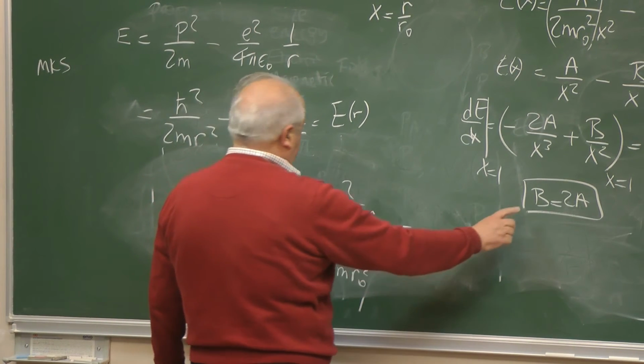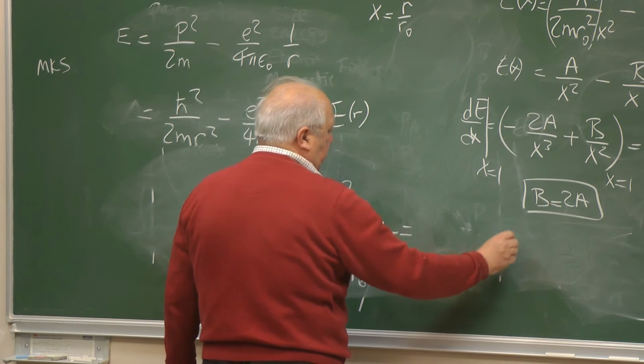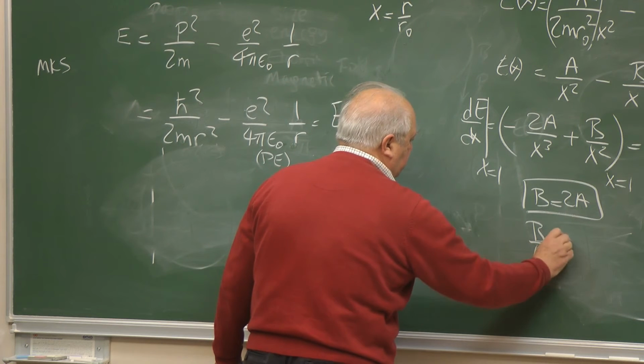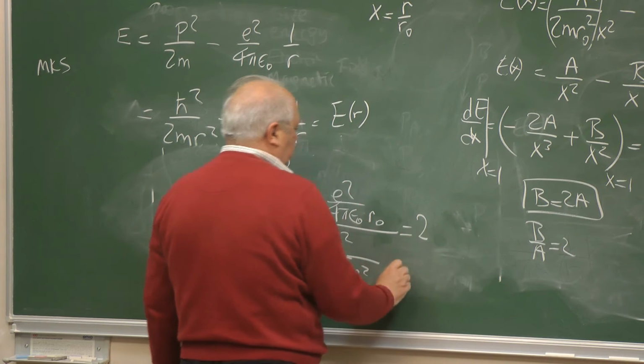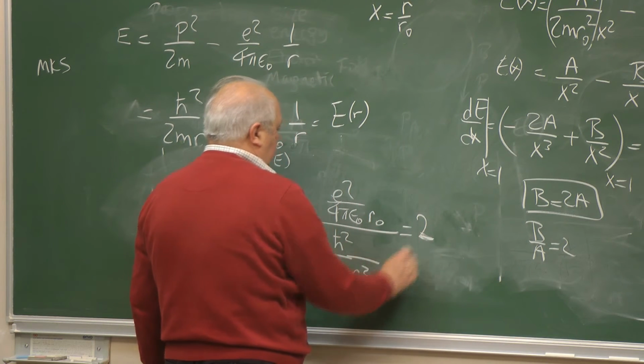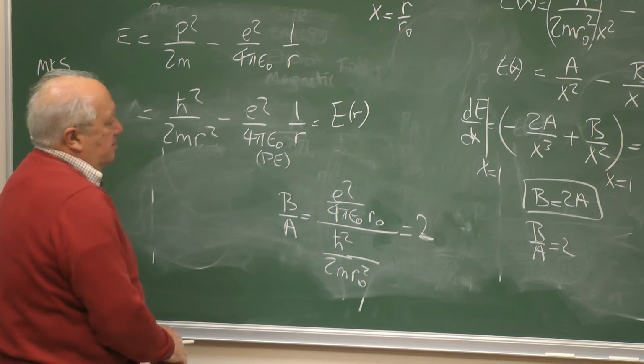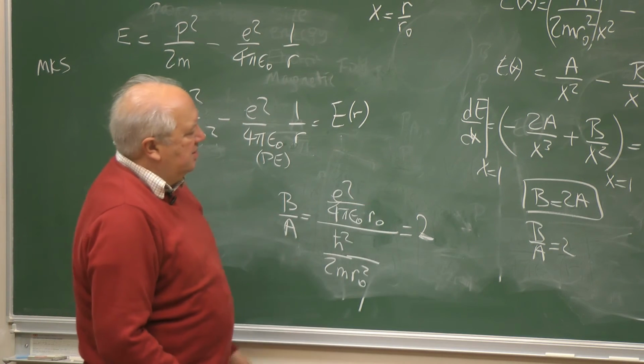Nope, it's the other way around. From here, B over A is equal to 2, so this is equal to 2.